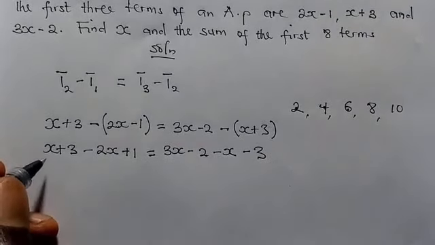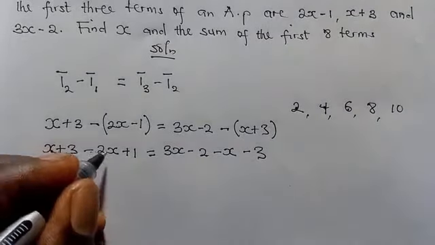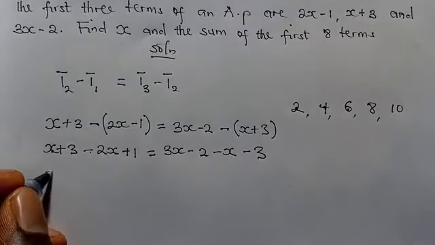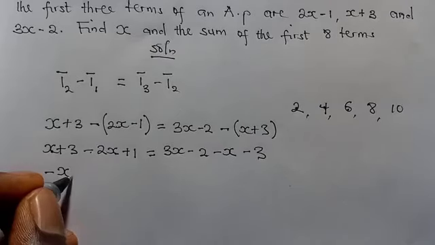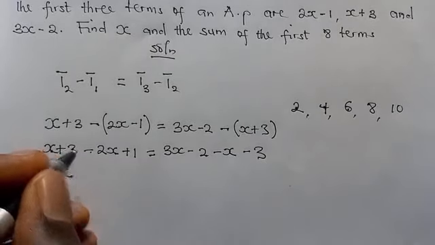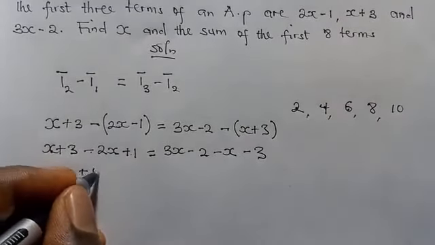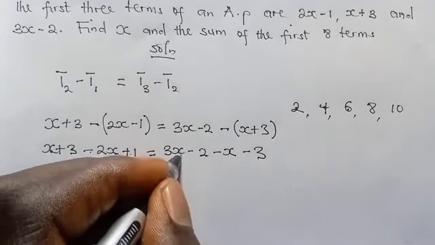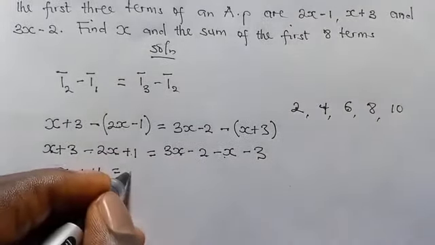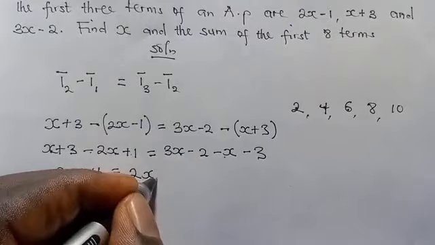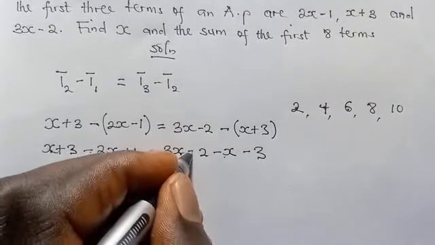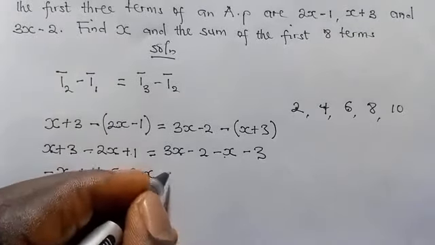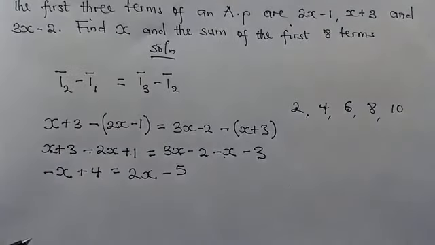Next, we have x minus 2x giving us minus x. 3 plus 1, we have 4. That's equal to 3x minus x, we have 2x. Minus 2 minus 3, that's minus 5.